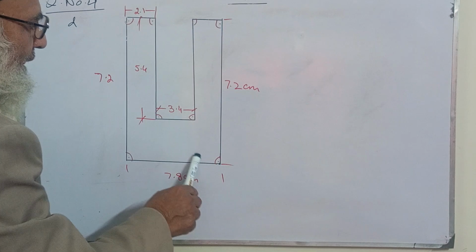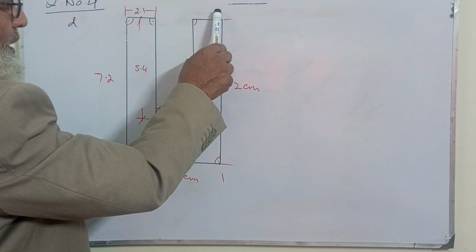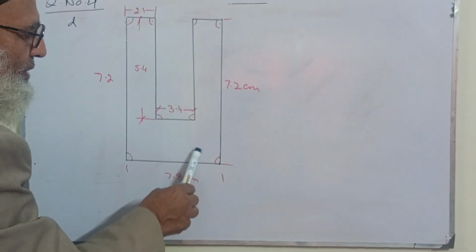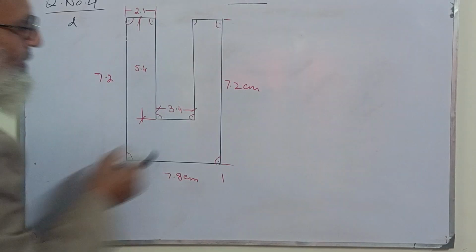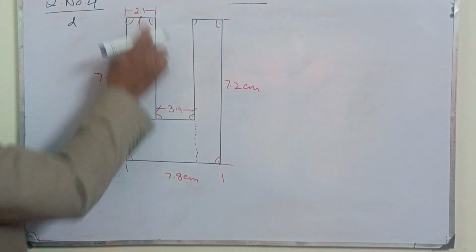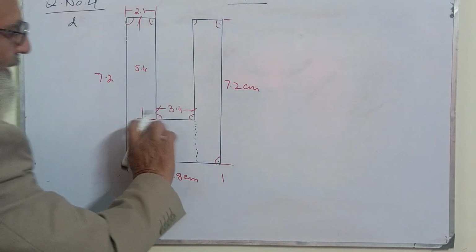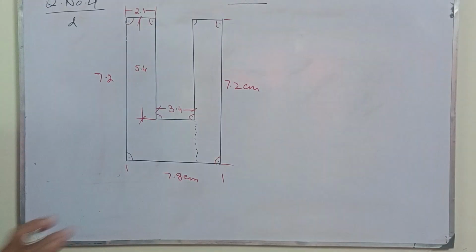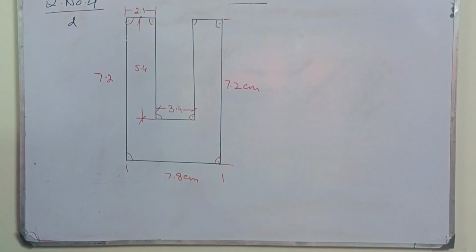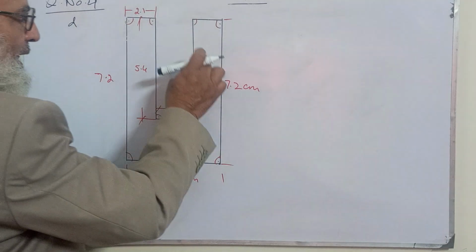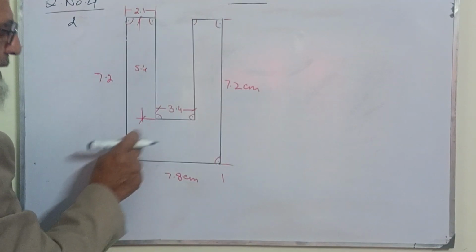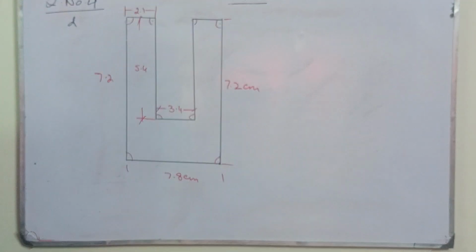This is one rectangle for the smaller side and this longer side, and from here it is one rectangle. Similarly, from here to here it is the other, and the remaining portion of this. Now this is a very long method. Don't go for this method. That will be one rectangle, another rectangle, and the third rectangle.